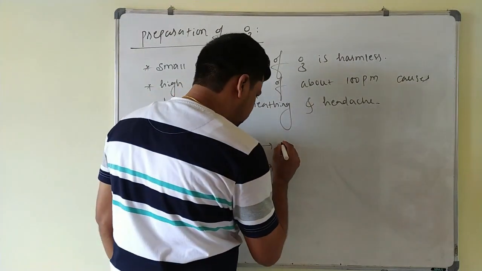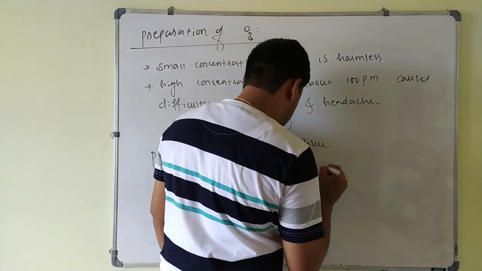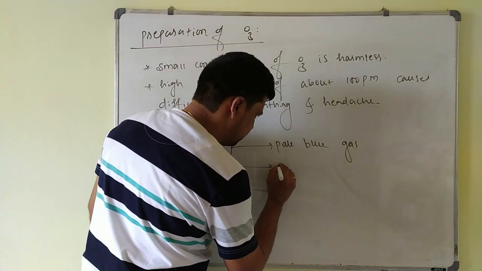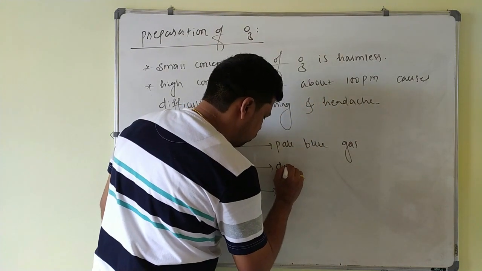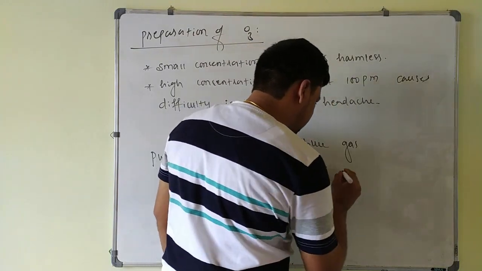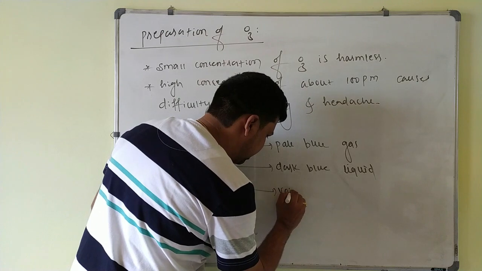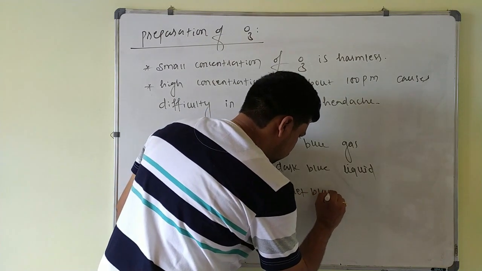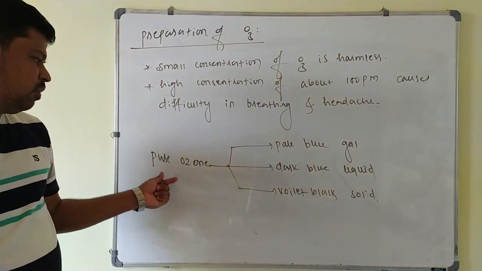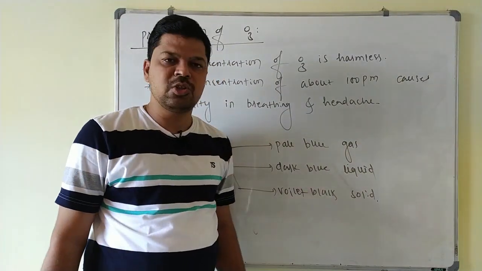Pure ozone is a pale blue color gas, a dark blue liquid, and a violet black solid. So these are the three physical states of ozone.